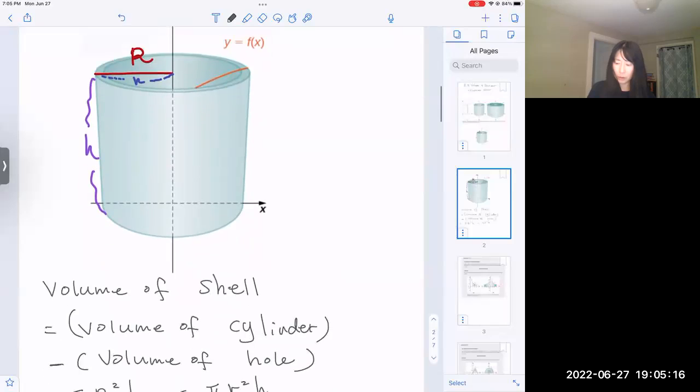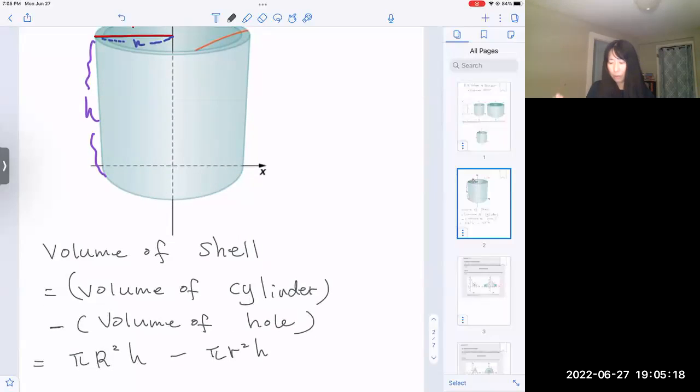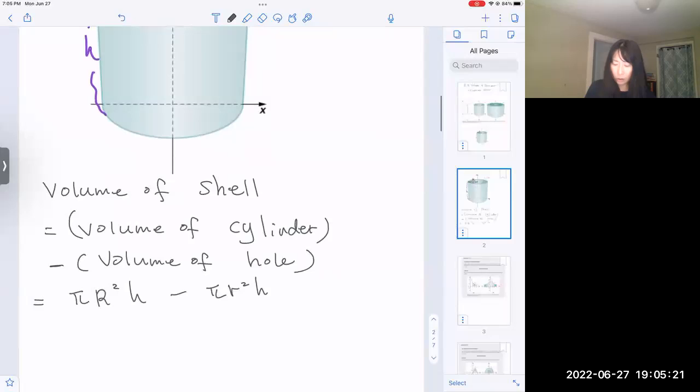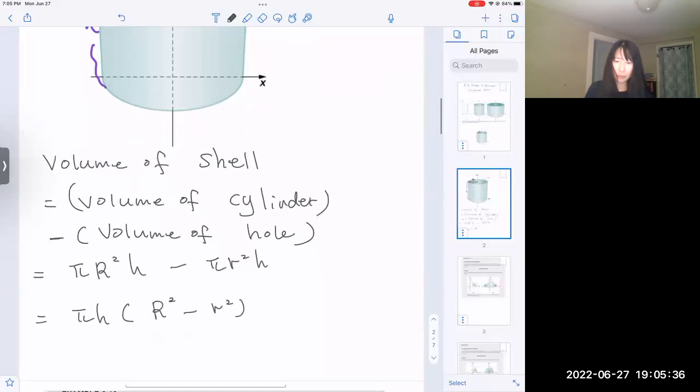That is the volume of a shell, the cylinder, minus the volume of the hole. Then look, since they have pi and h in common, I want to factor out. That leaves uppercase R squared, the big R radius, minus small r squared, right?